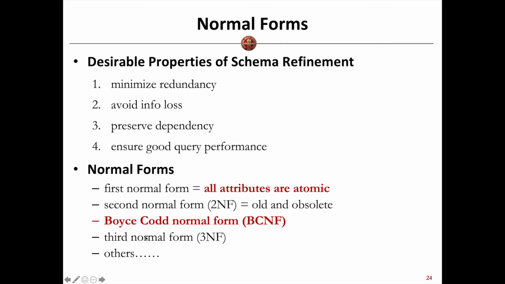Another normal form we introduce in the lecture is called third normal form. It is also very important. Compared with the BC normal form, third normal form provides more relaxations. So all these normal forms can achieve different properties as seen above, and they also provide different trade-offs among the properties. We will cover them in the lectures with a special focus on the BC normal form and third normal form.